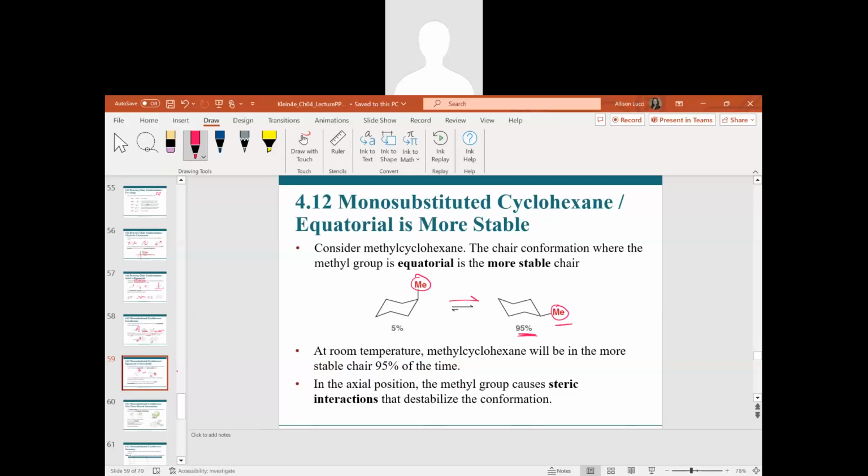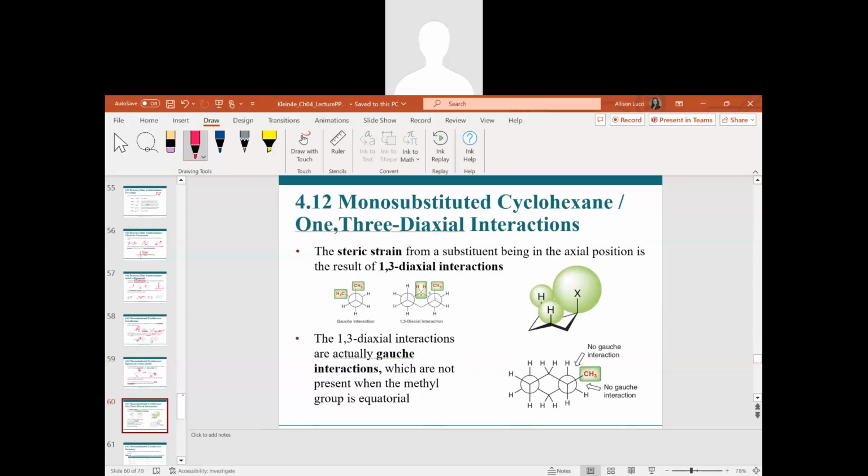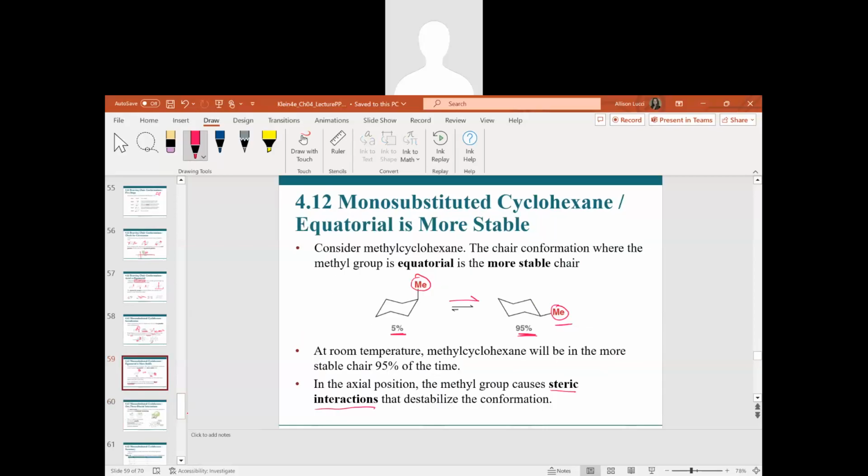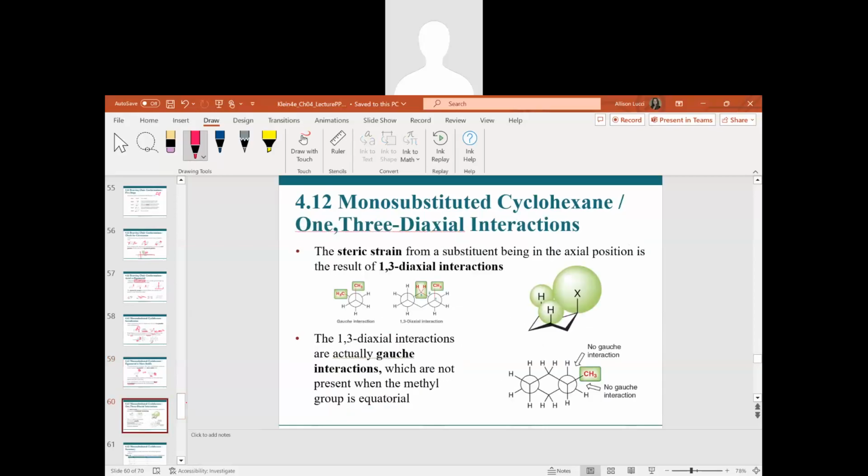It will be a lower energy compared to this other position where the methyl group is only in the axial position, and this only occurs about 5% of the time. So we're going to see why, due to some steric interactions, how they destabilize the conformation on the left. So we're going to see that right-hand structure conformation about 95% of the time.